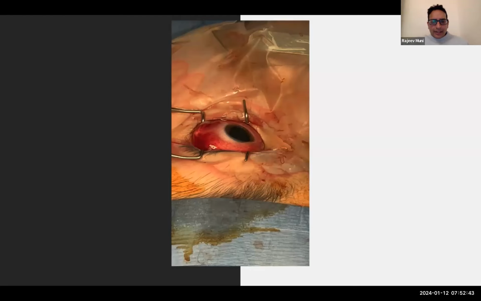We've probably done like 5 cases at this point. I've done it not just for primary buckles, but it's really elegant in encircling buckles for elderly patients, because their conj is so thin that you can actually loop the muscle fairly easily transconjunctivally.